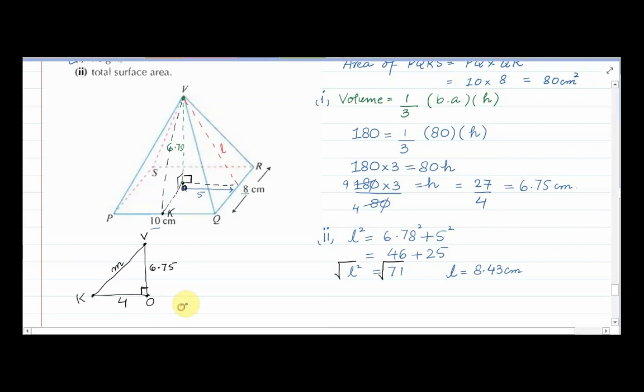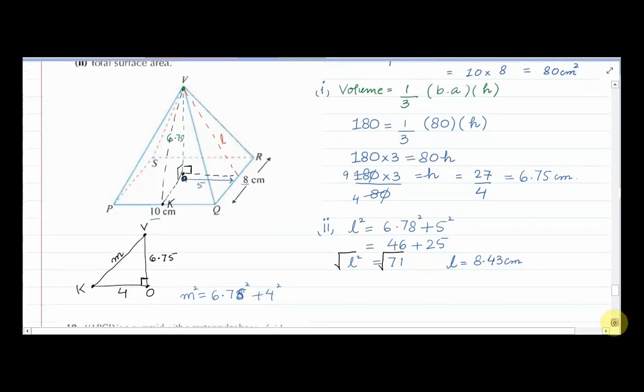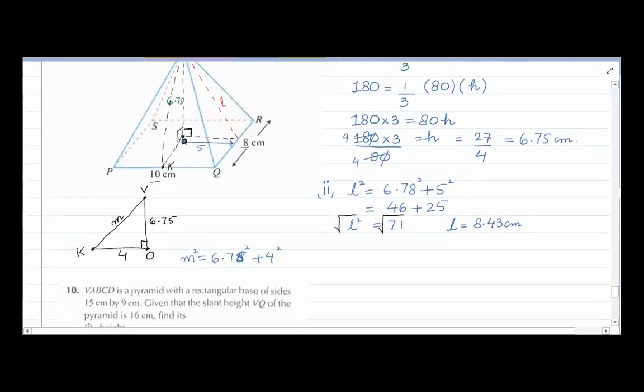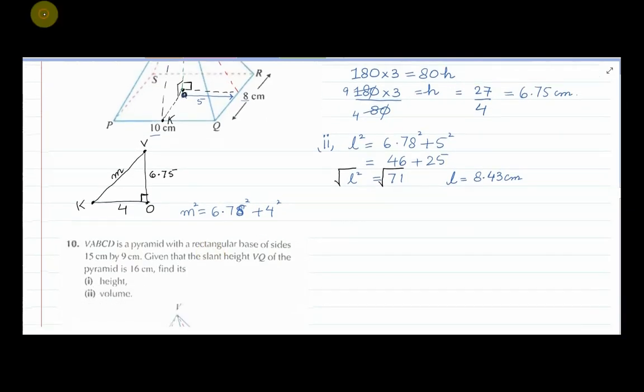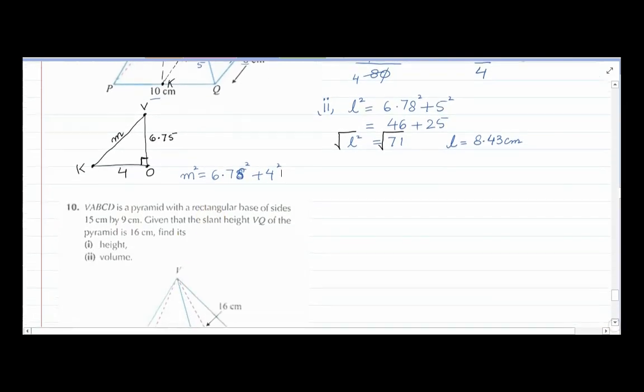M square is equal to 6.75 square, that is the value of the height 6.78, plus 4 square, right? If you solve it, oh wait a minute, just let me move this question so we have more space.